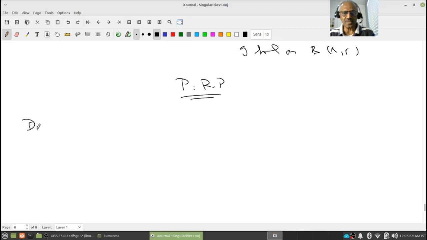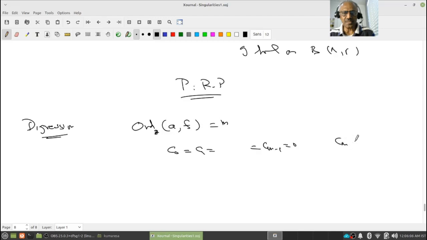Okay, let us make a digression. I need only this, whatever I am saying now, but it's always good to know a digression also. Now, when I say the order of a for the function f is m, then in that power series expansion we saw that c naught equals c1 equals c_(m minus 1) equals 0 and c_m is not equal to 0.